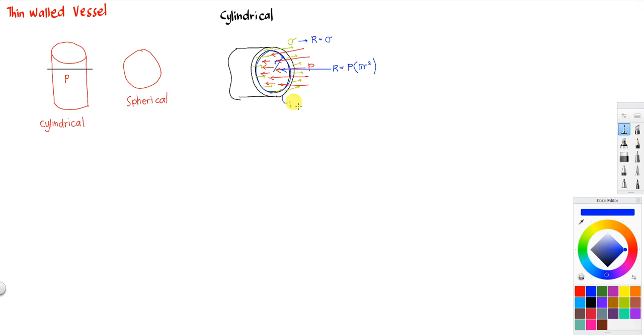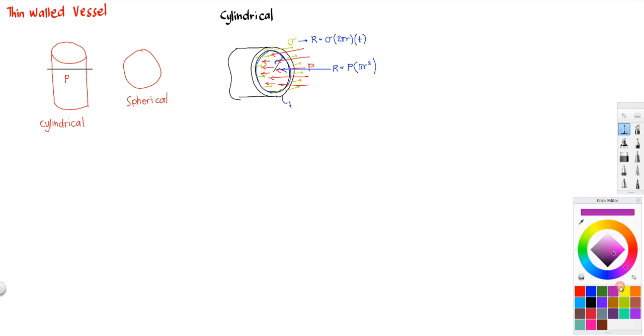Yung buong circumference mo, sobra kasing nipis niya, so we could say that this is just 2 pi r, or the circumference of the inner circle, and then we just multiplied it by the t. So we will be having here sigma, which is the stress, multiplied by 2 pi r t.